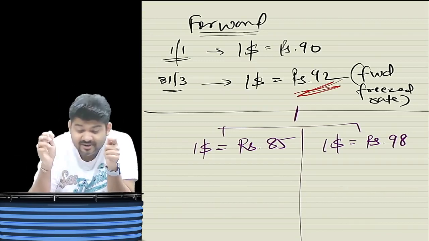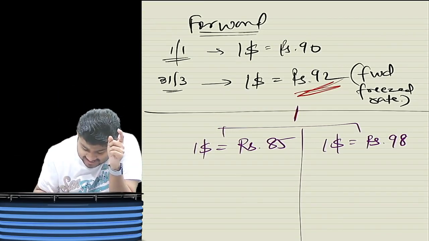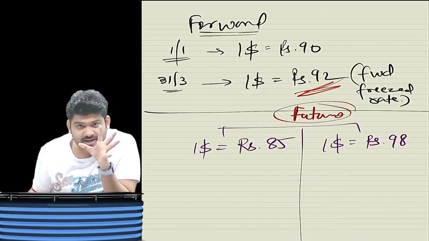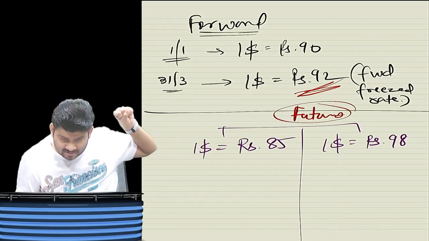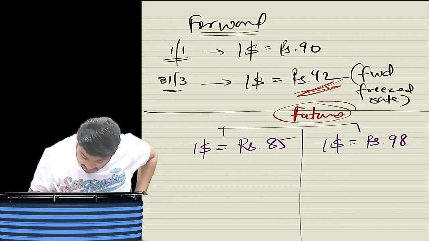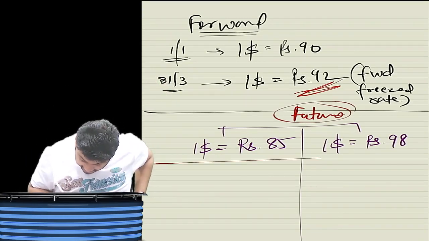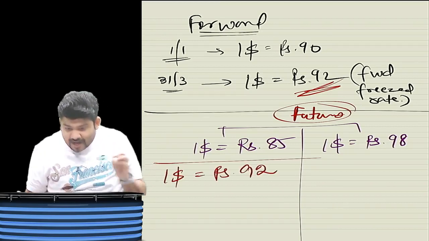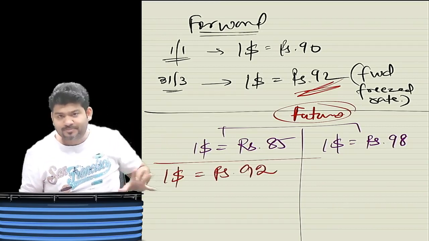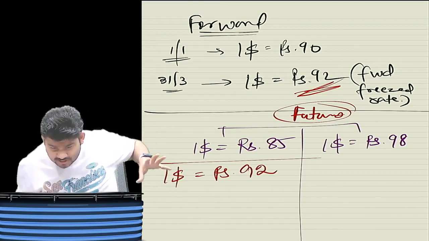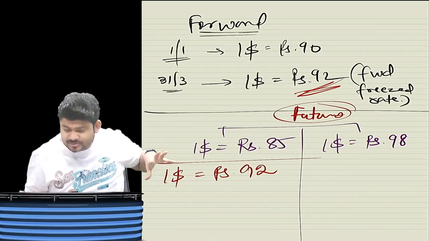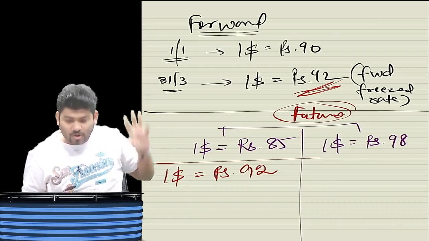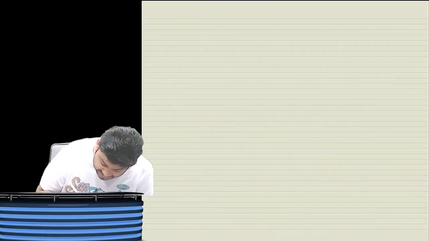Now, this is where futures will step in. Futures will say, okay, we have entered into a futures contract for $1 equal to 92. Now there are two options: either you buy futures at 92 or you sell futures at 92.